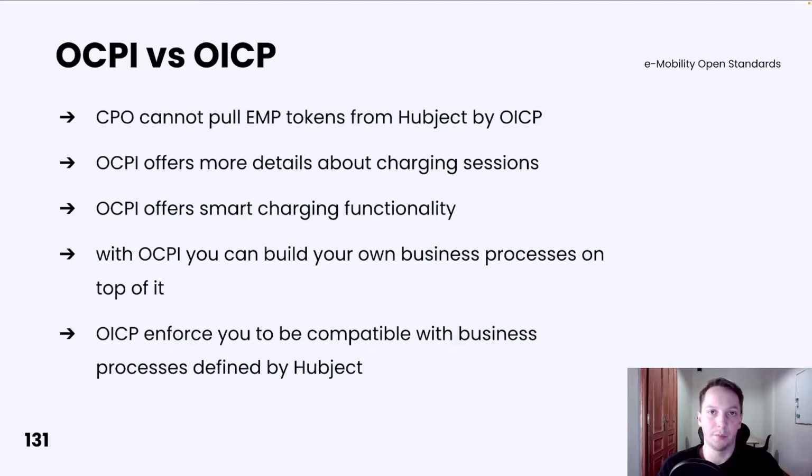Let's imagine that you build a complex CPO platform which integrates with multiple partners with OICP, OCPI, and some other protocols. You may have a situation where some end customer would like to start a charging session at your charging point with an RFID card. You, as a CPO, need to validate if the given user is able to do that.